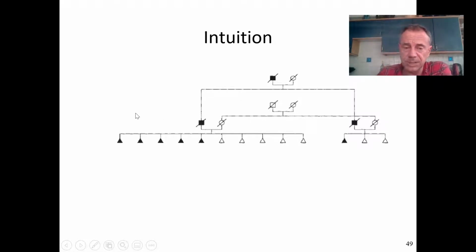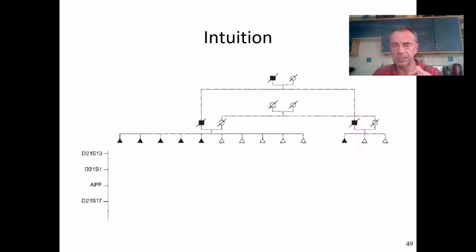And we would see the disease, which is the people shaded solid, segregating in the pedigree, and we would then genotype some polymorphic markers, and we would find out the alleles that each person had at those markers, and we would try to make some inferences about where the disease gene might be given the pattern of the markers that we see and the pattern of disease that we see.